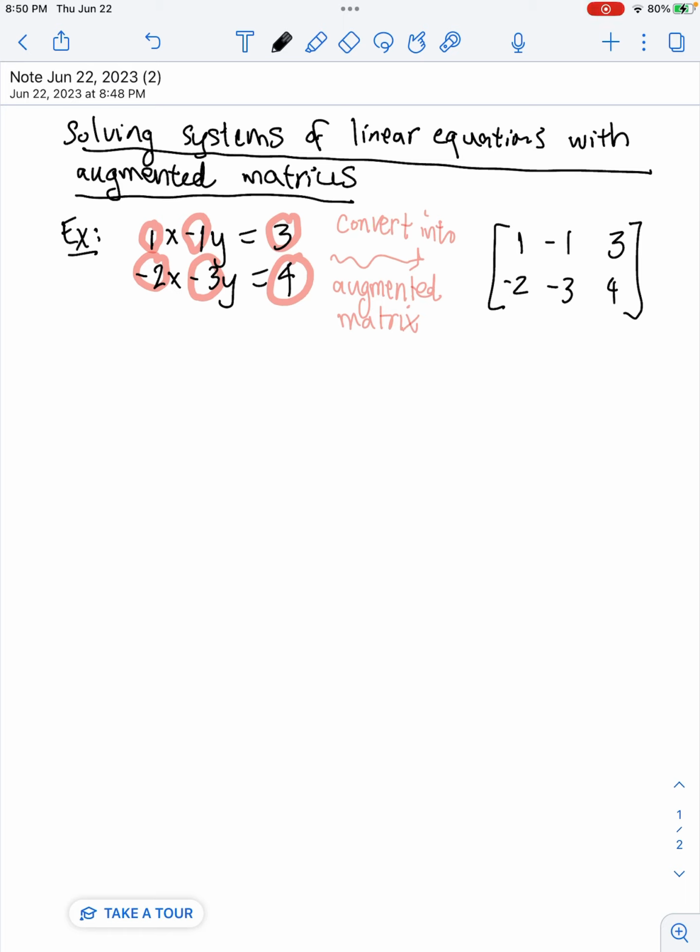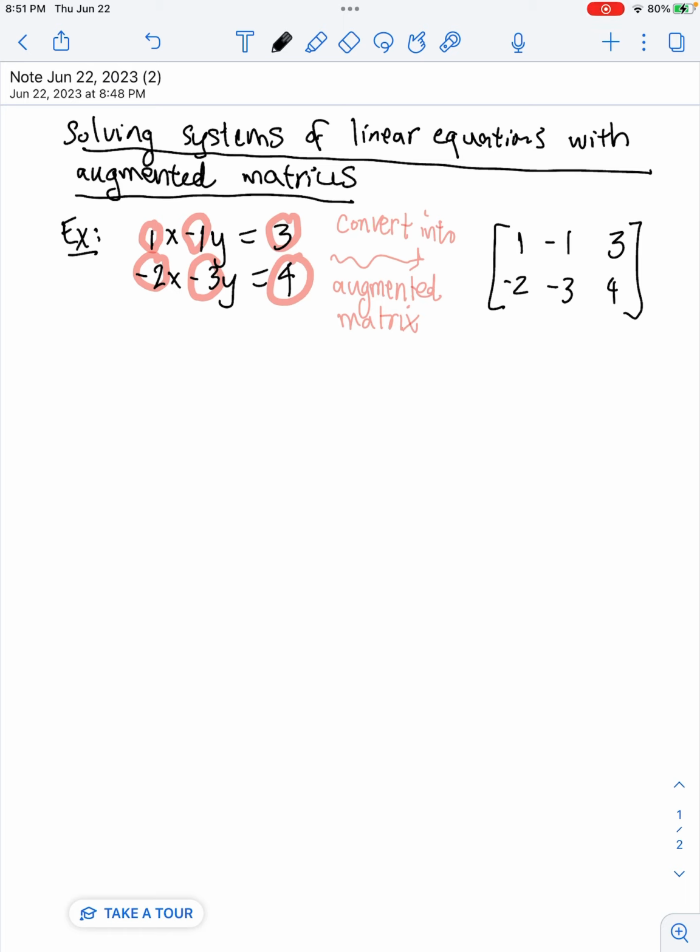Now when you have a matrix, a matrix isn't always referring to a system of equations. A matrix is just a rectangular array of numbers, right? But in this context, we actually have a system of equations that we're trying to solve. And so because of that, the numbers on the left side play a different role than the 3 and the 4.